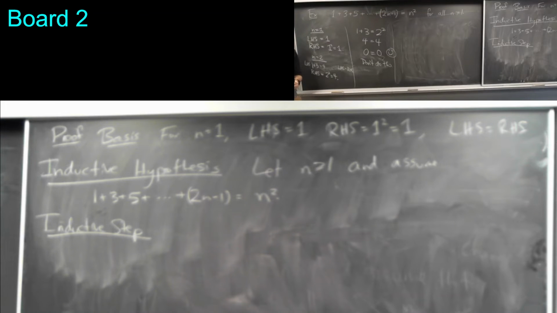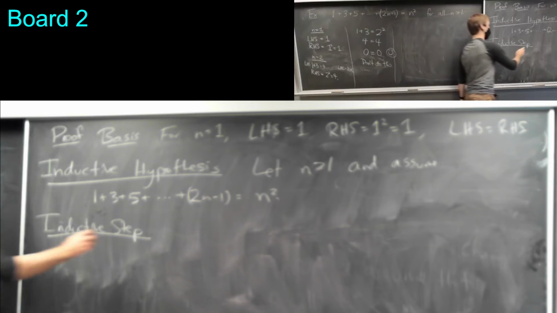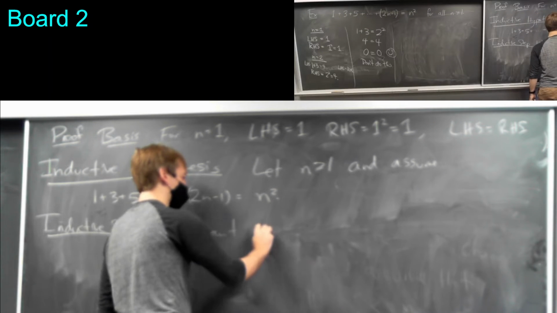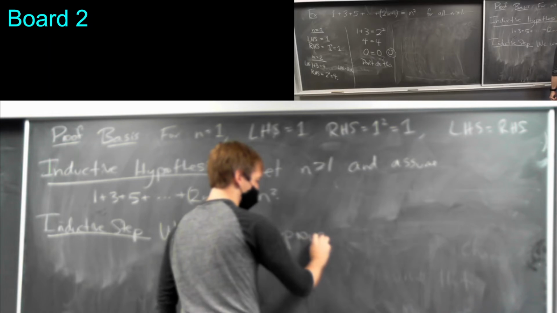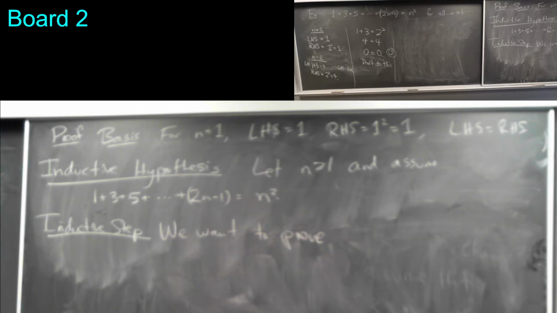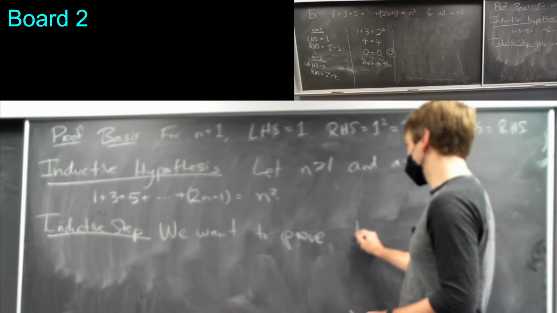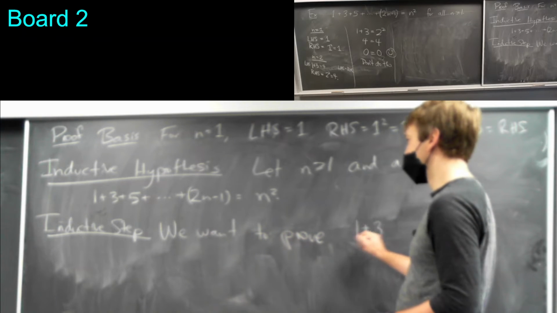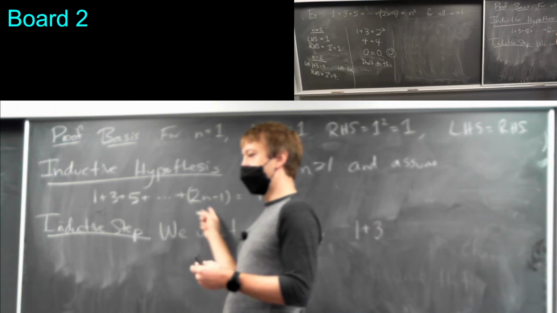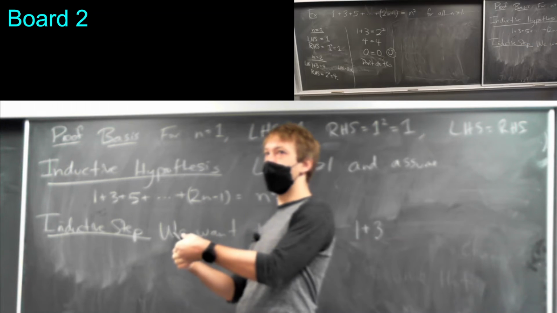And now what do I want to prove for the inductive step? Well, we want to prove the next case. So we want to prove this statement except where all the n's are actually n plus 1s.